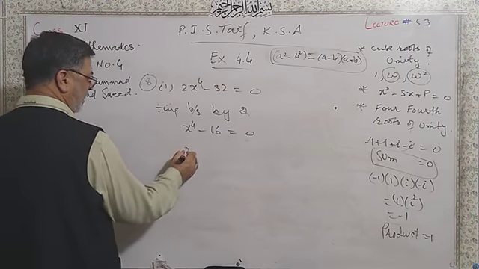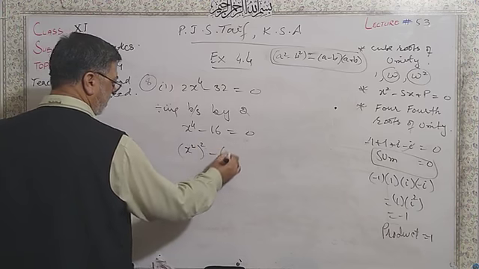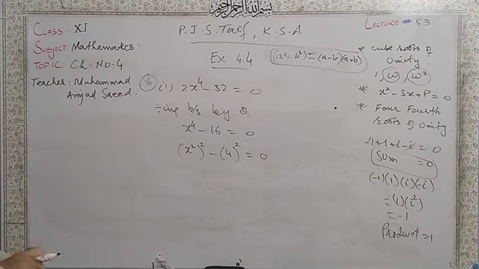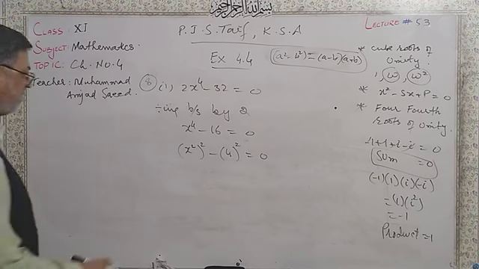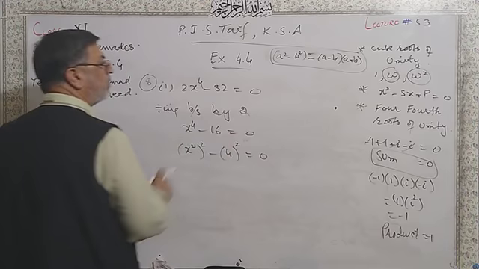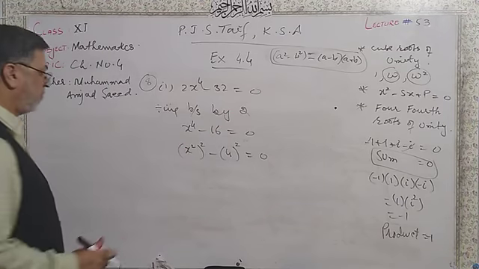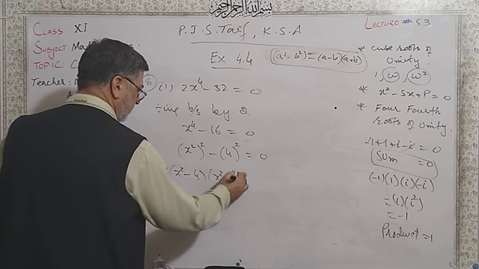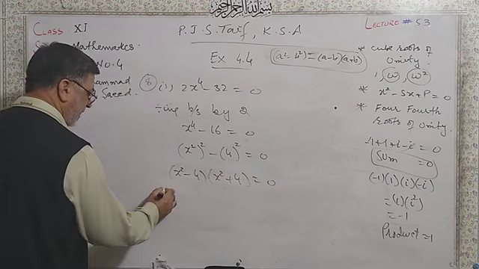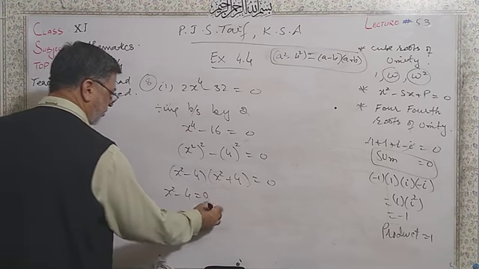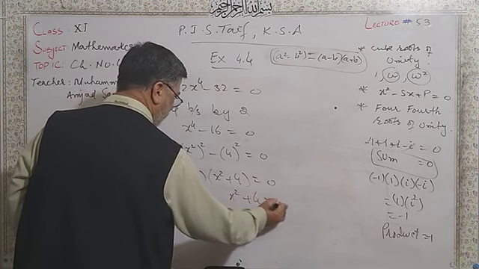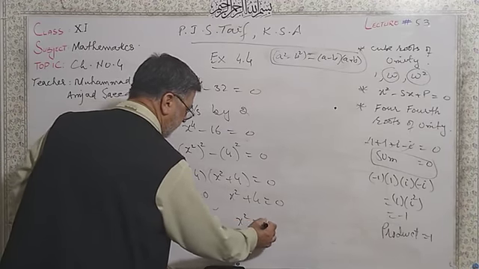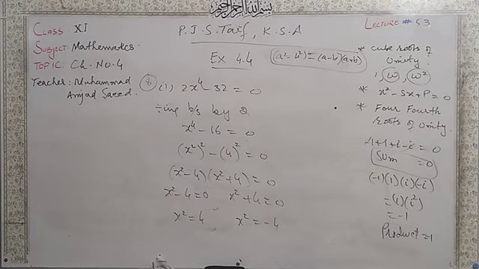Dear students, you can write down (x square) whole square minus 4 square is equal to 0. 16 can be written as 4 square. Now remove this 2 and 2. Apply this formula, once negative and once positive. Here is x square minus 4 is equal to 0, x square plus 4 is equal to 0. X square is equal to 4, x square is equal to minus 4.